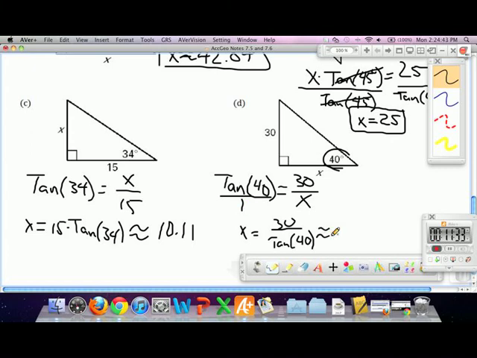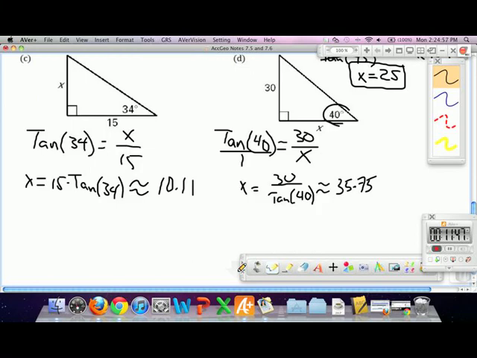Those of you that have a calculator, try this. Let's see what we get if you do the following calculation. 30 times the tangent of 50. Can someone find 30 times the tangent of 50 degrees? 35.7. Oh boy, that's the same answer. How did I come up with that? Tangent is opposite over adjacent.